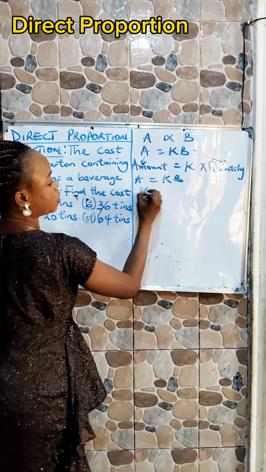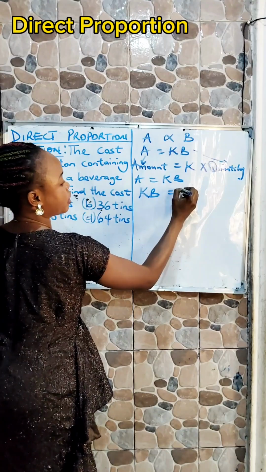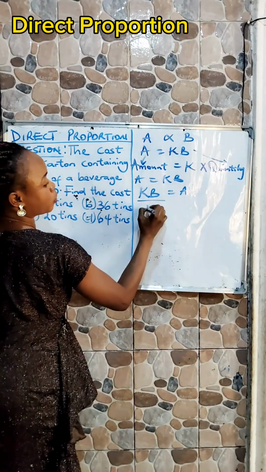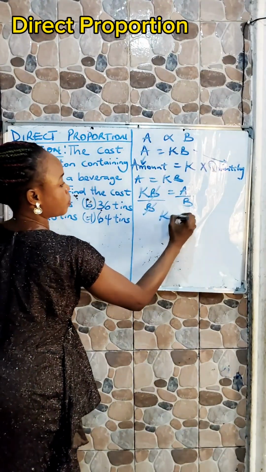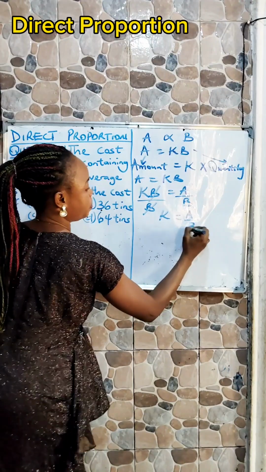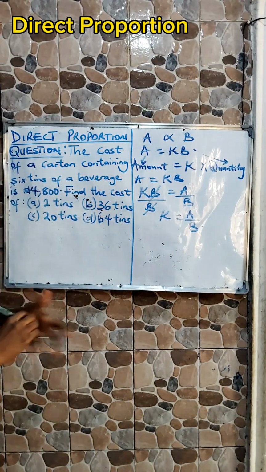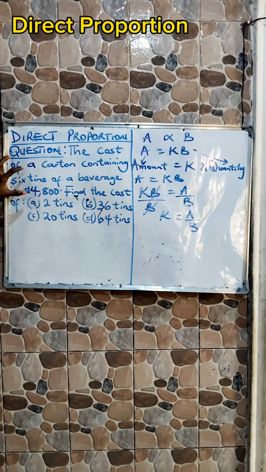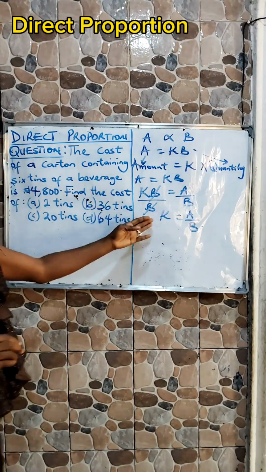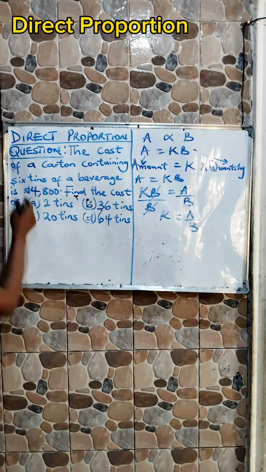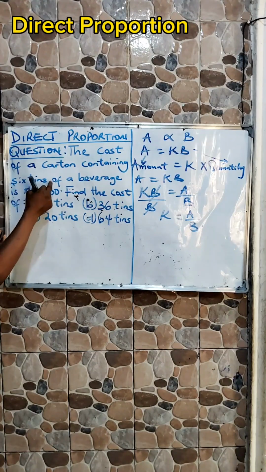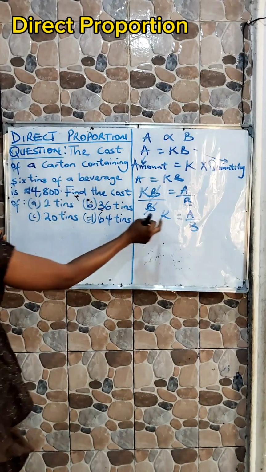You have KB is equal to A. Divide both sides by B, and your K will be equal to A over B. Now you can find your constant of proportionality through any pair given to you here. So long as you have the value of A and B, you can find your constant.